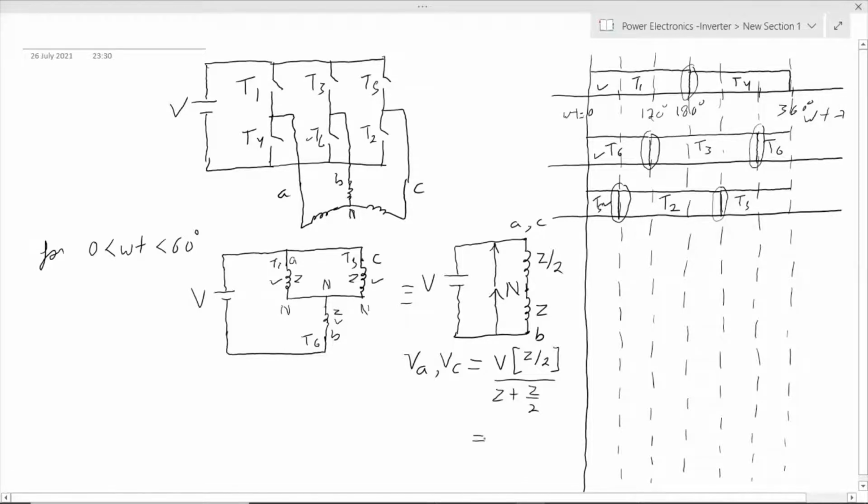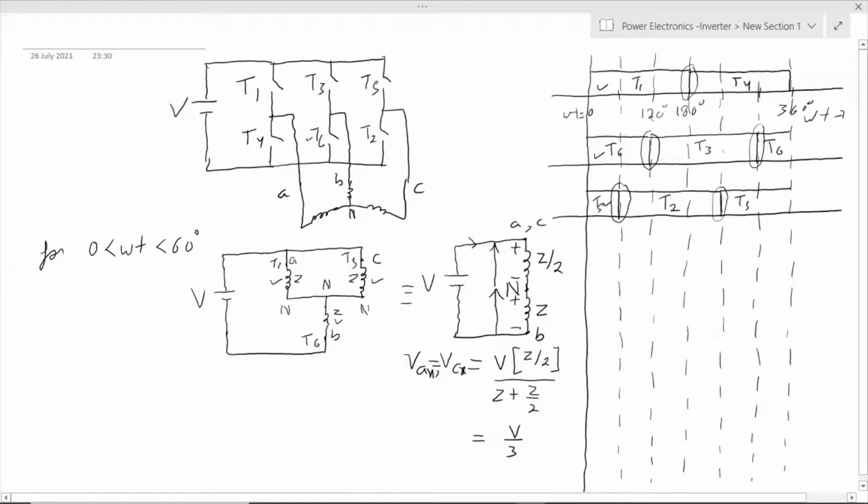So this will be V by 3. How much it will come? V by 3. So VAN is equal to VCN is equal to V by 3. And what will be VBN? So this is VAN, VCN, the potential drop from A, C to N. If the current flows like this, then obviously this is the polarity.